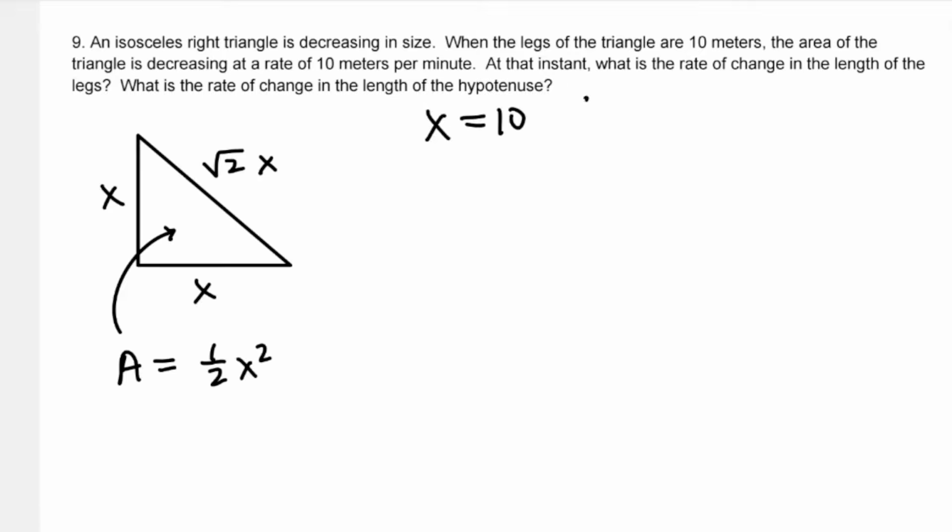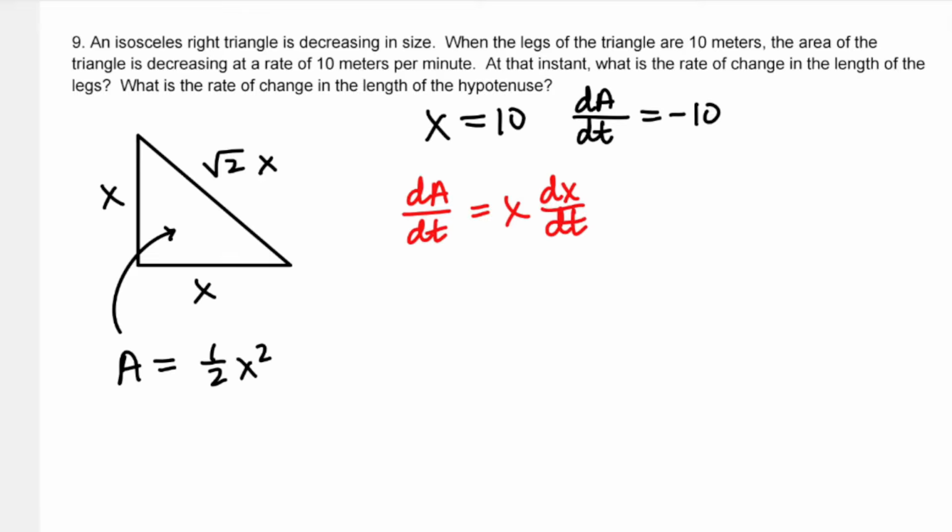Area is decreasing 10 meters per minute. So dA dt equals -10. What's the rate of change of the length of the legs, and what's the rate of change in the length of the hypotenuse? All right. So let's say if we take the derivative of A with respect to time, we'd get 2/2 x to the first dx dt.